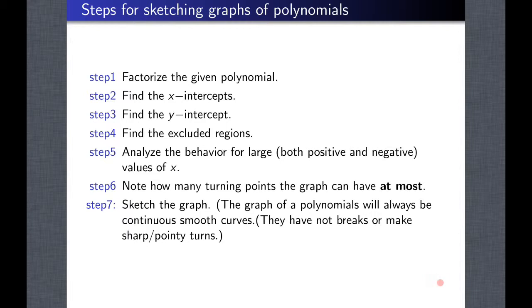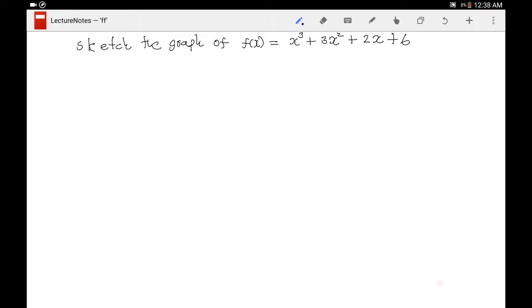Okay, let's jump into the example. I have to draw a sketch of this graph. First I will try to factor this if possible. If you look here, there are no common factors for all terms, but we can use the factor by grouping method.